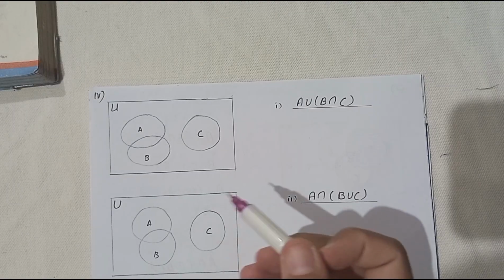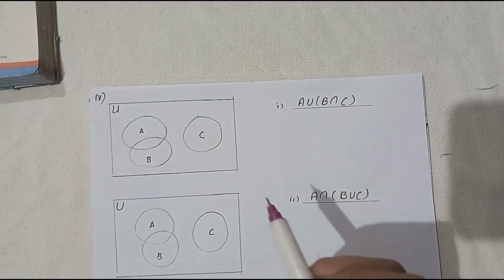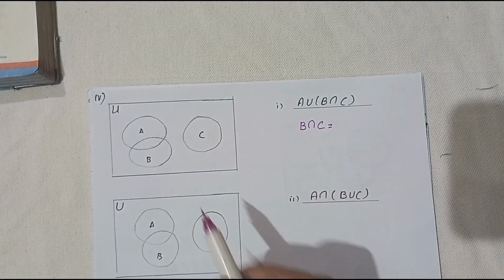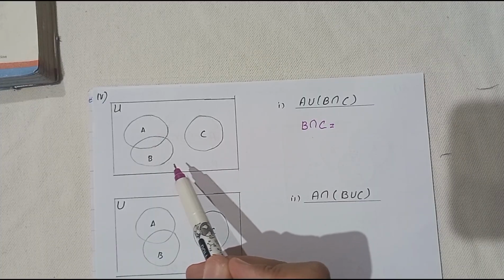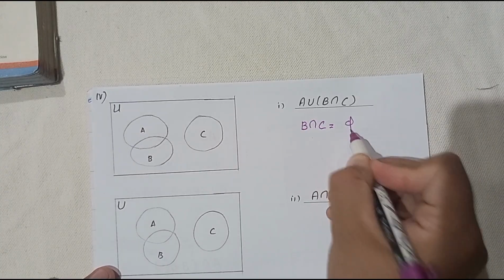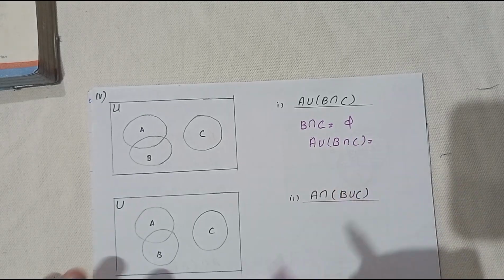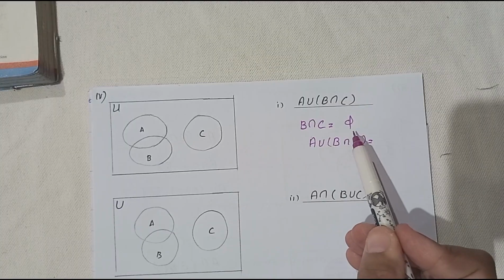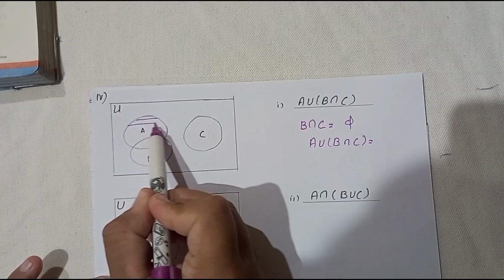So the last Venn diagram of question number 1 is this, and we have to apply all the 4 operations. One is A union B intersection C. B and C have no overlapping part, no common part, so B intersection C equals phi set, and A union B intersection C means all part of B intersection C and A. So B intersection C is phi set, and union of phi and A is equal to A. So we shaded all part of A with the vertical lines.